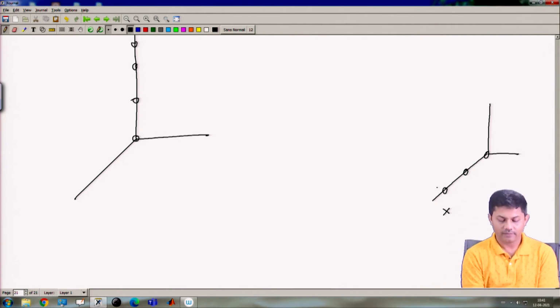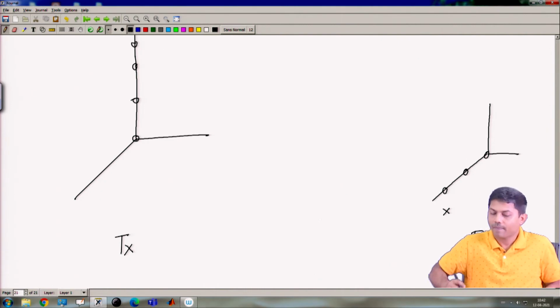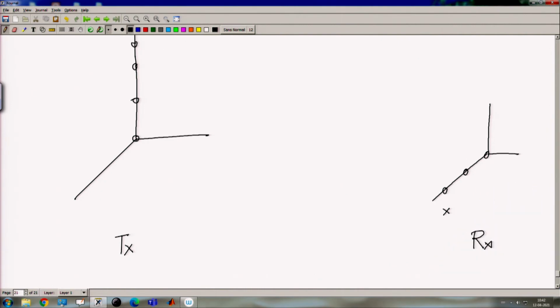This is my transmitter side, this is my receiver side. Mind it, in the receiver side all my antennas are in the x direction and there are only 3 antennas. Now I am combining it, because this view should be important to you, how exactly a real system works.